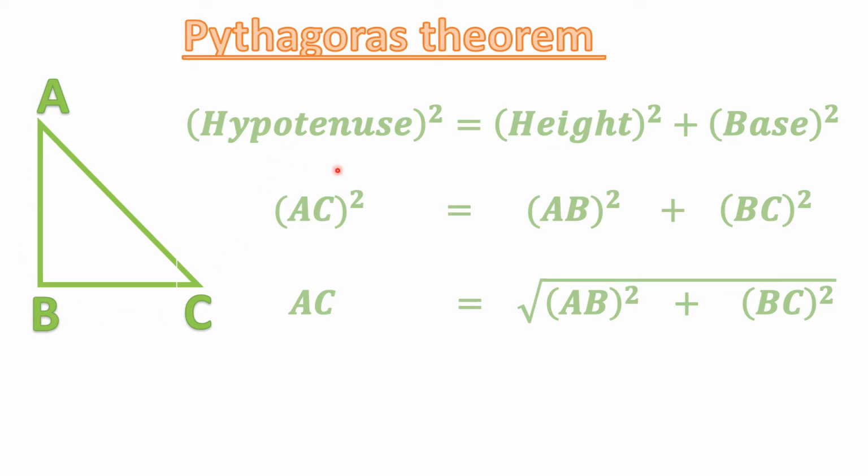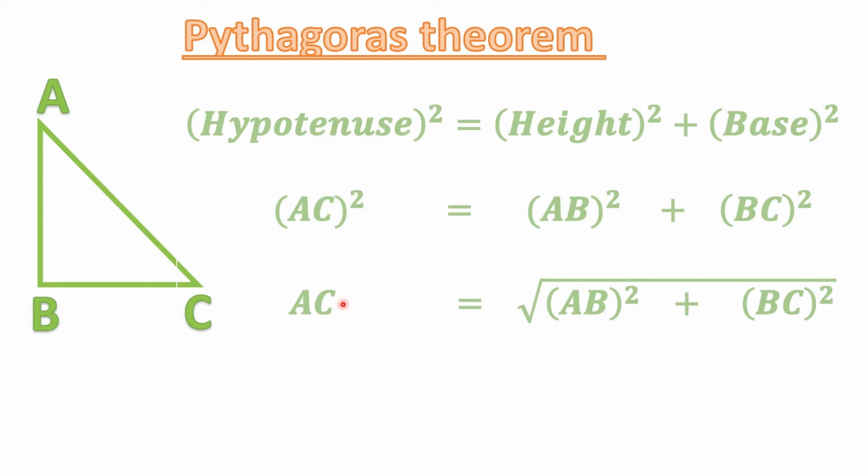So let us see. Hypotenuse square is equal to height square plus base square according to the Pythagoras theorem. So hypotenuse is AC, so AC square. Height is AB, so AB square, and base is BC, so BC square, right? Now we need the hypotenuse only, so let's remove the square.